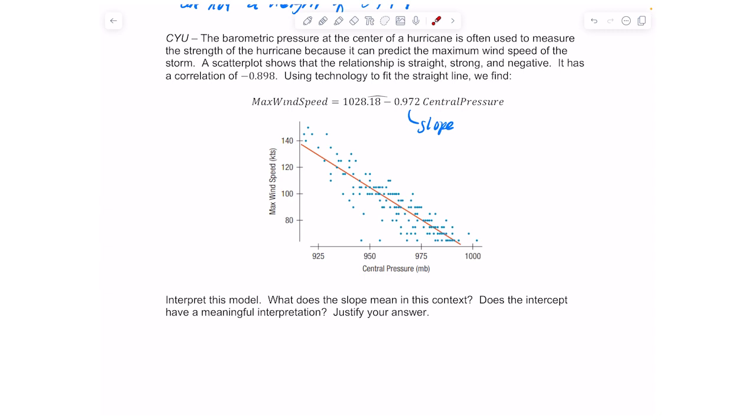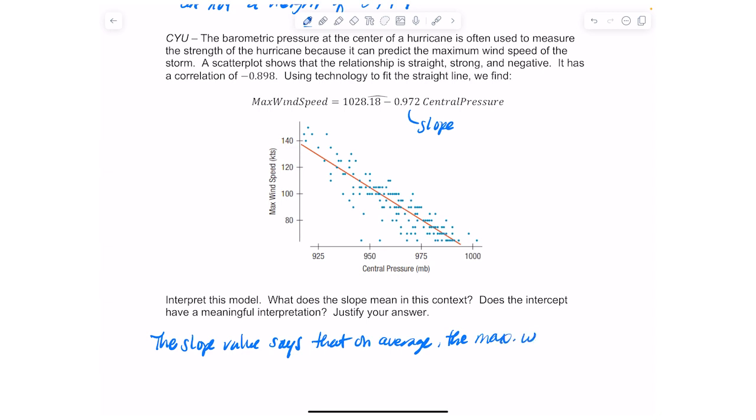The slope value says that on average, the maximum wind speed is about negative, or we should say just 0.972.